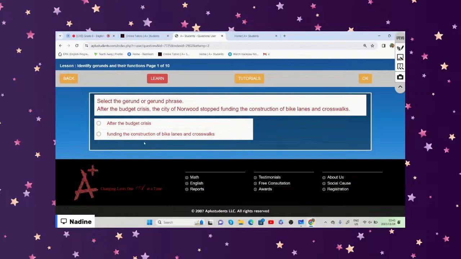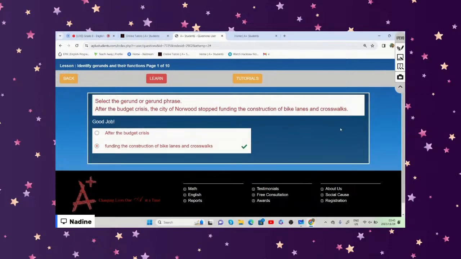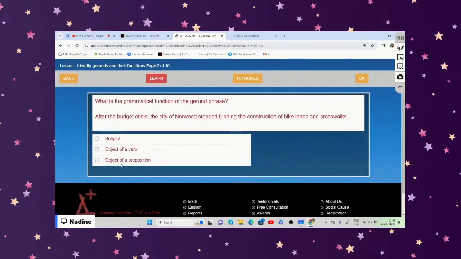Remember, our gerund is funding, that acts as a noun. So we'll choose funding the construction of bike lanes and crossroads. Number two. And number two is correct because funding is our gerund. So well done.